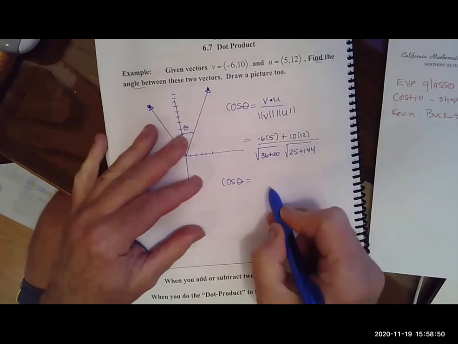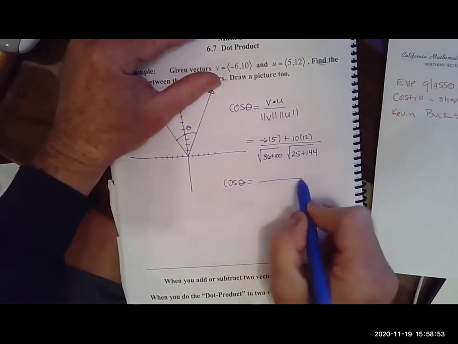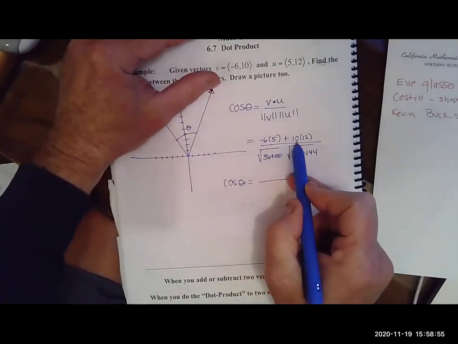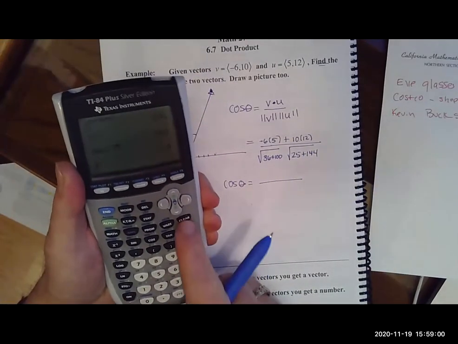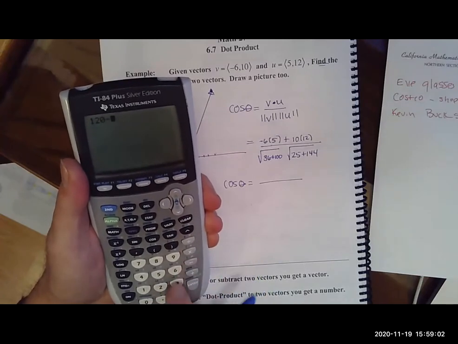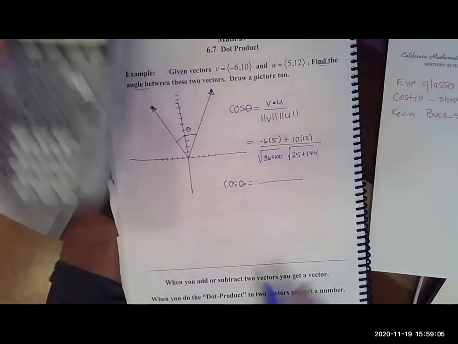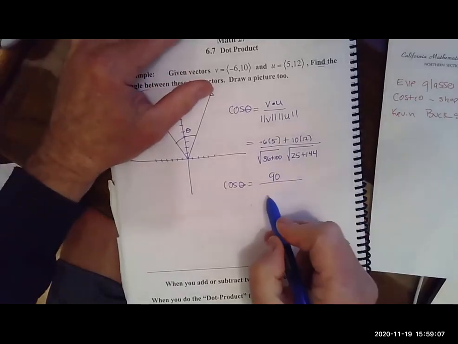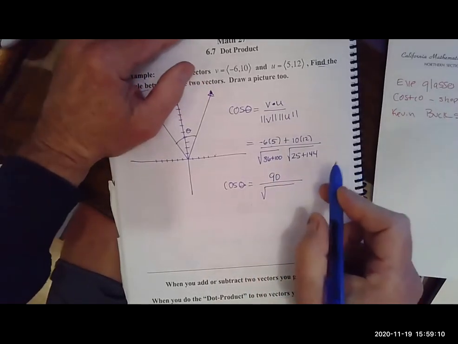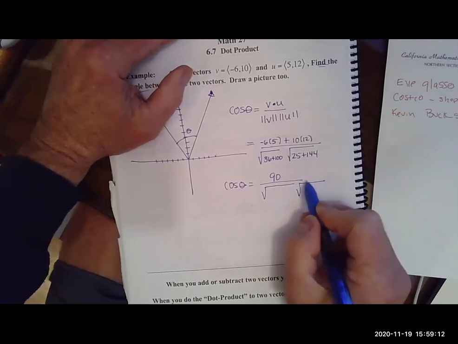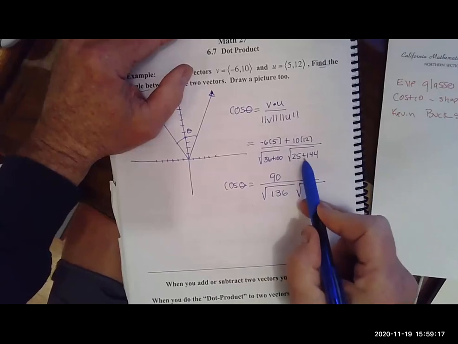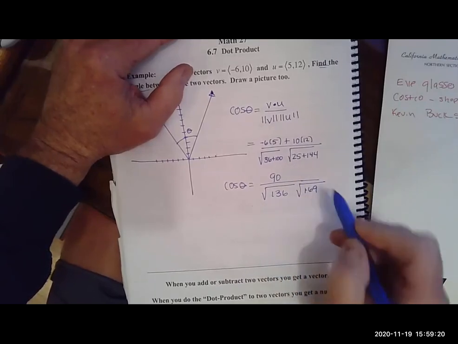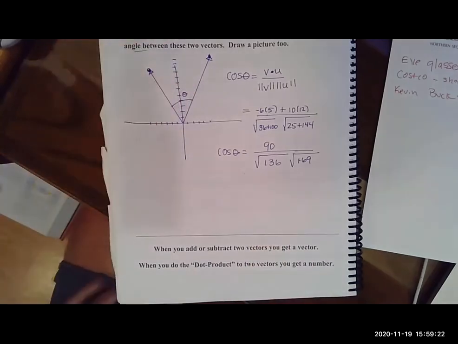So cosine theta. Negative 30. Oh, what is that? 120. 90? Yeah, 90. I'm going to stop simplifying there because the point isn't the simplification.